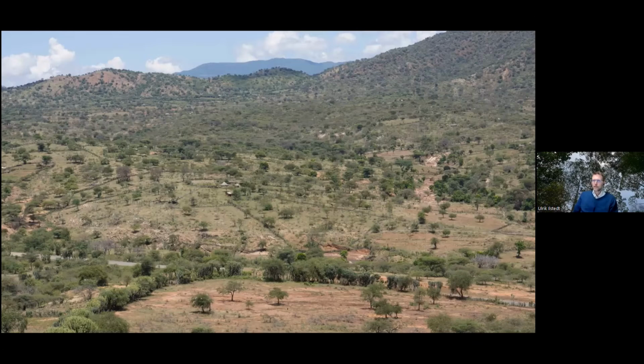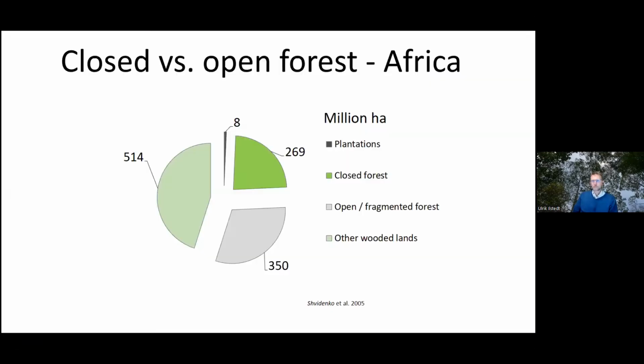So then I started asking myself, how much is this really? Is my impression correct that most of the land we are talking about in Africa and other tropical countries is not these plantations?